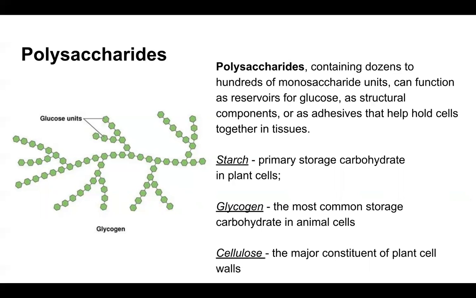If we talk about animal cells, it can be in the form of glycogen, the most common storage carbohydrate in animal cells, actually in liver. And cellulose, the major constituent of plants' cell wall. For example, here shown glycogen molecule. As we can see in here, all the main building blocks of glycogen are glucose units.